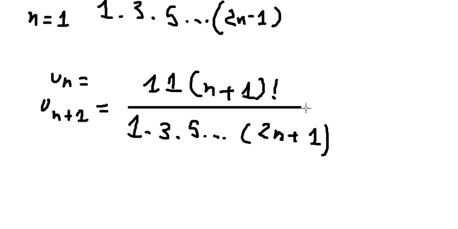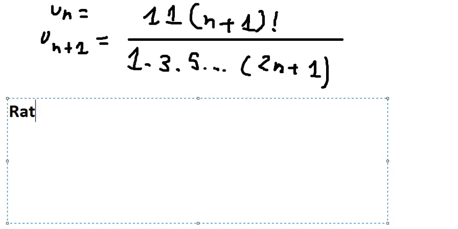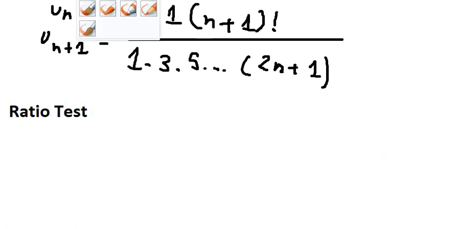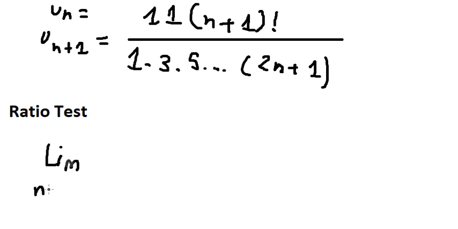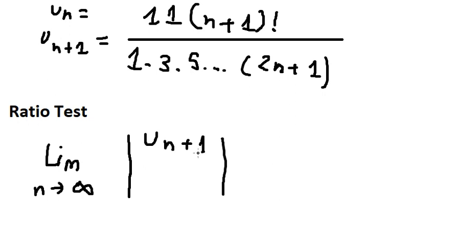So we can use the ratio test. That means we have the limit as n approaches positive infinity of the absolute value of un plus 1 over un.